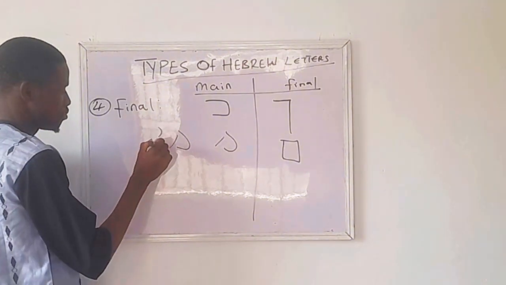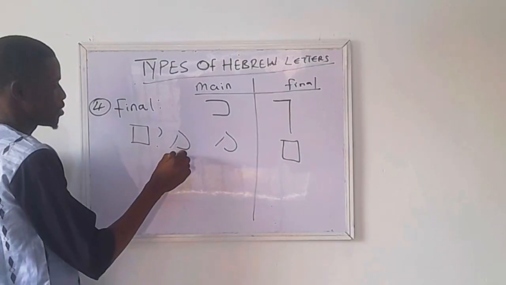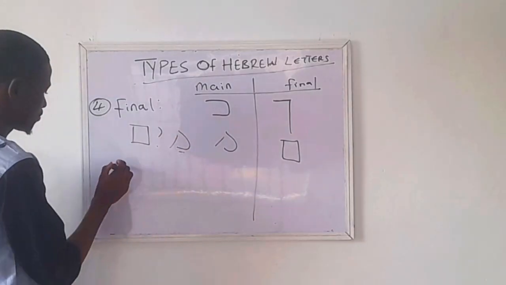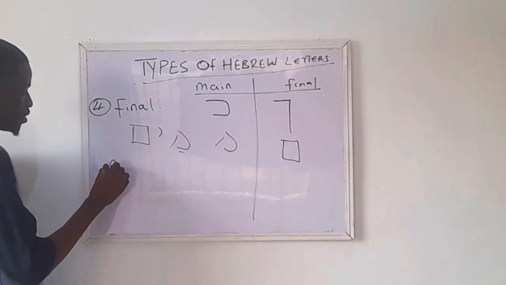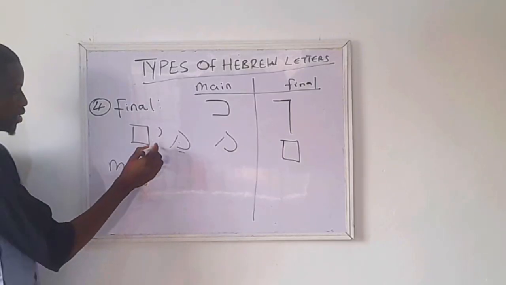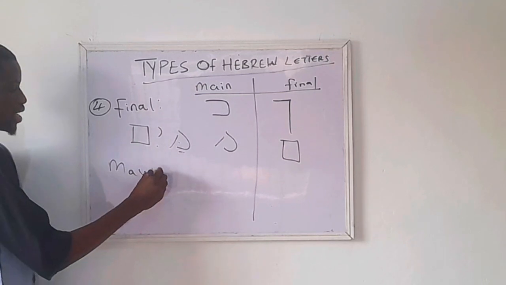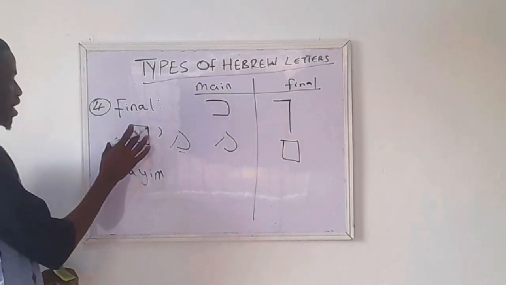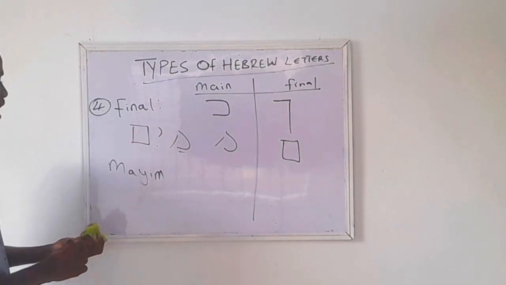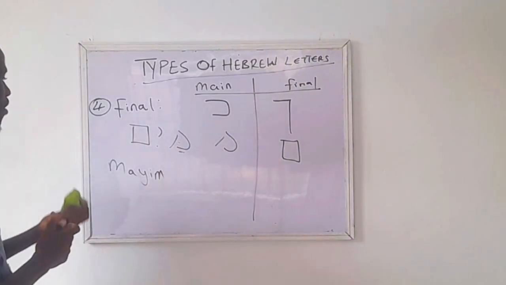Mayim. All right. So we have M-A. This is M. This is A. This is Y. This is I. The one dot is I. And then M again. So this is M and this is M. Because it's coming at the end, it changes to this style. All right. So we have mayim.